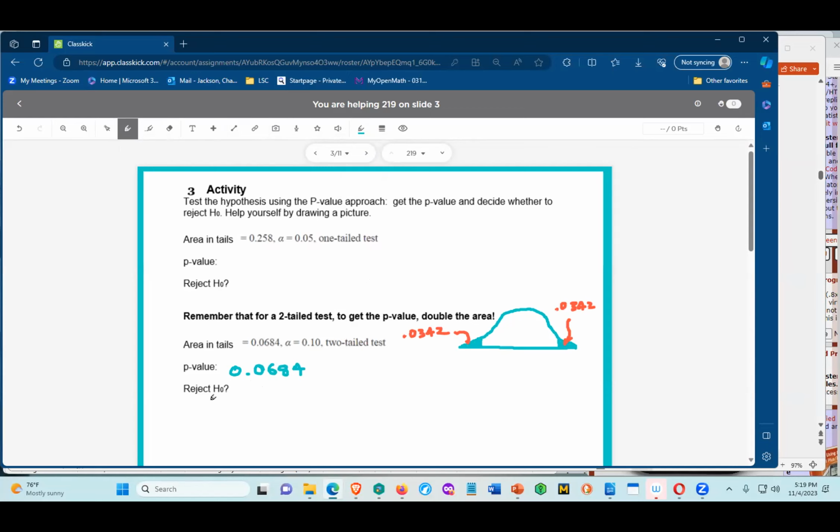I think we're using alpha equals 0.05, which is kind of the default significance level. So actually, you didn't have to use any tech to get the p-value.